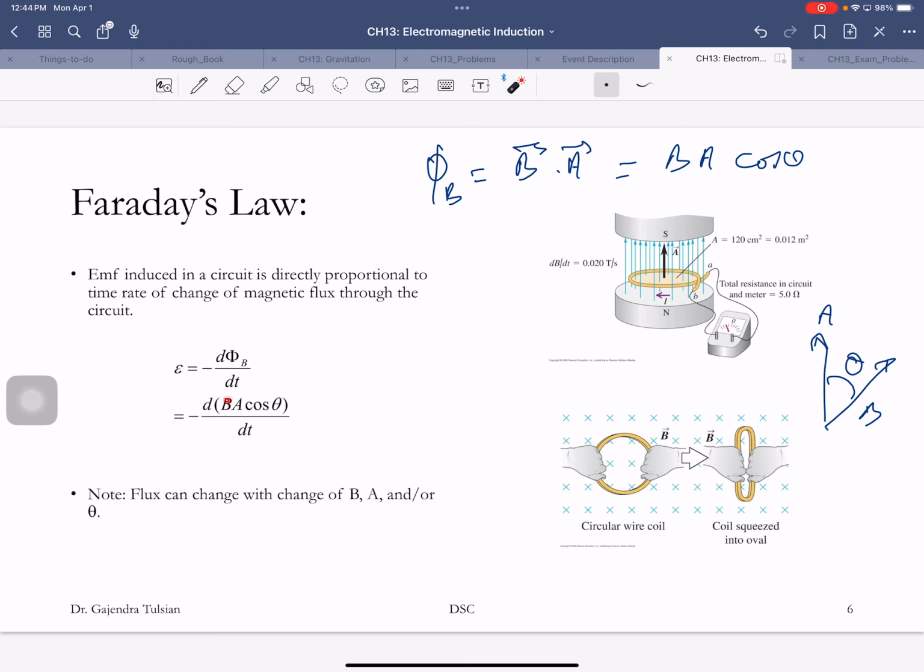You could change B, you could change A, you could change theta, or you could change all three. You could increase or decrease the strength of the magnetic field, as long as B is time dependent. Or you could hold B steady and change the area.